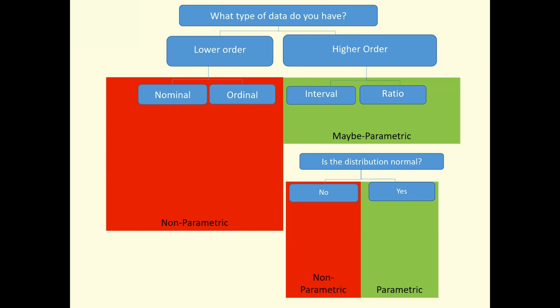If you're not familiar with that, then a further video will be created at the ways at which we can look at this. But the final base decision is saying, is our higher order data on a normal distribution? If it is not, then we revert to a non-parametric analysis. If it is, then we can apply either a non-parametric analysis or a parametric analysis.